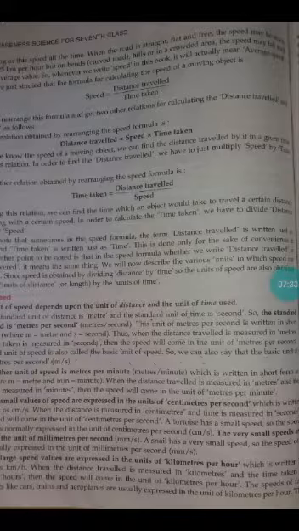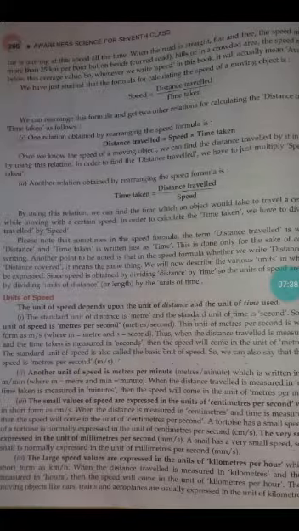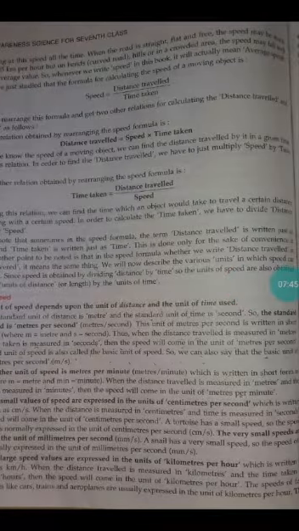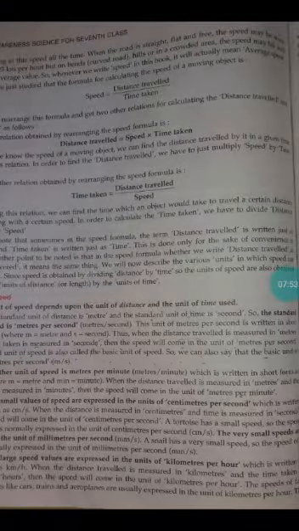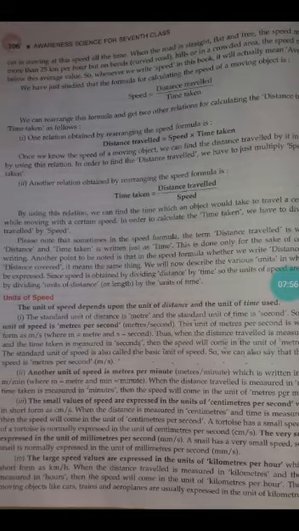Very simple, right, students? Here our example is a tortoise, which has a small speed. So the speed of a tortoise is normally expressed in the unit of centimeter per second. Then very small speeds are expressed in the unit of millimeter per second. An example is a snail, which has a very small speed. So the speed of a snail is normally expressed in millimeters per second.